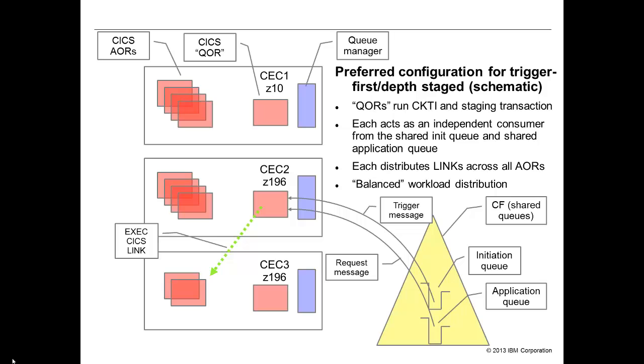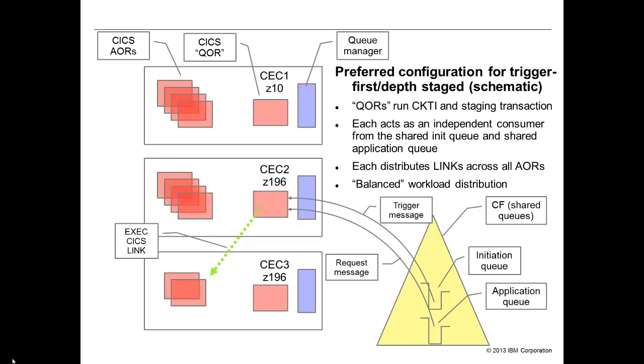So, this is one of the preferred configurations for the first or depth staged. We have what we call a CICS QOR, or Q-owning region. The QORs actually run the CKTI and the staging transaction themselves. Each acts as an independent consumer.